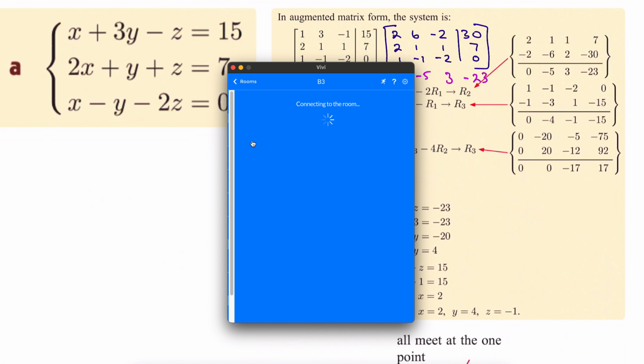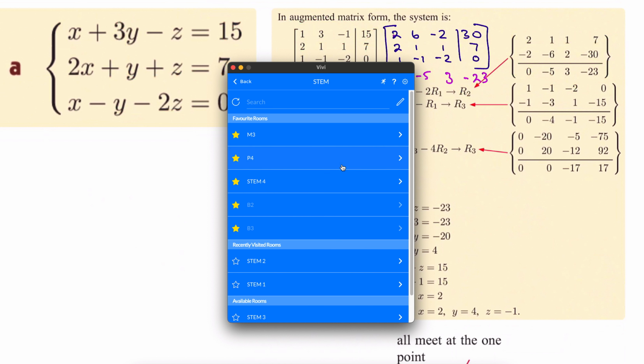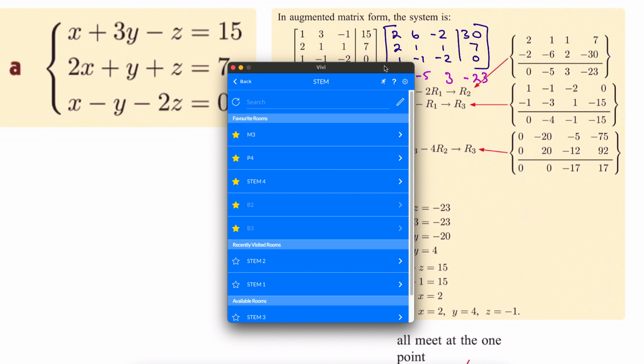Just bear with the pause in the video because I'm trying to reconnect so people can see it. Something's happened to the network. All right, I'm just going to stop that video now.